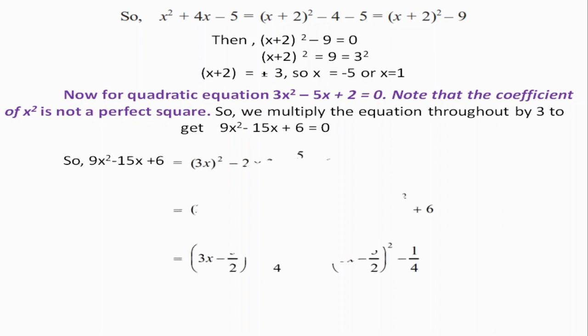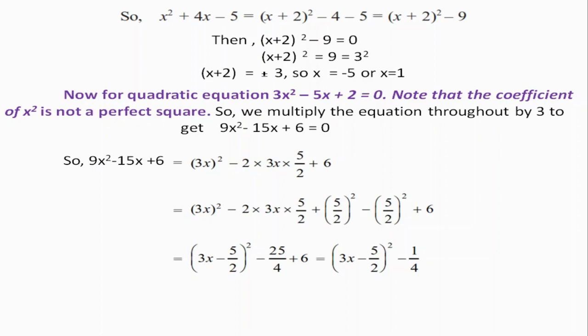We can see it here. 9x square minus 15x plus 6. 9x square, I can write as 3x whole square. 15x, we can write as 2 multiplied by 3x multiplied by 5 by 2. And 6 is 6. For making the complete square, minus 2ab, the value of b is 5 by 2.